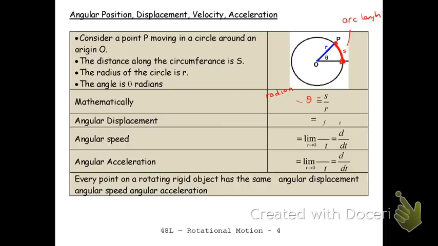Now, from now on, you have a choice. You can name your angles in degrees or name your angles in radians. And if you have the right number in front of the symbol, the answer's right. Numerically, the number of degrees is not equal to the number of radians, so you can't just use any unit you like. They're different units with different numerical values. But if I say, what's this angle?